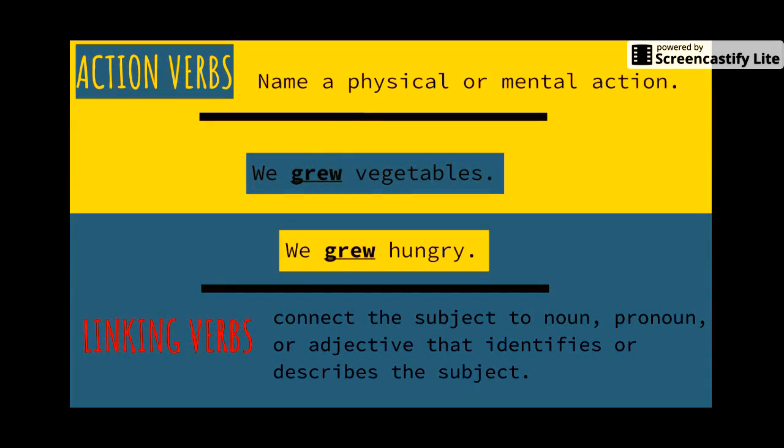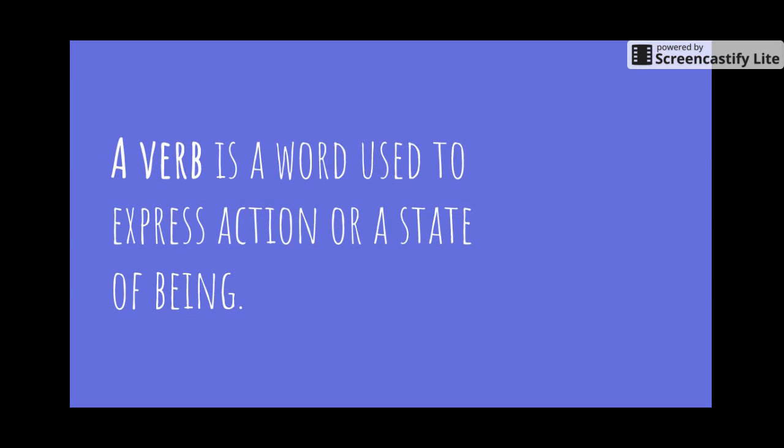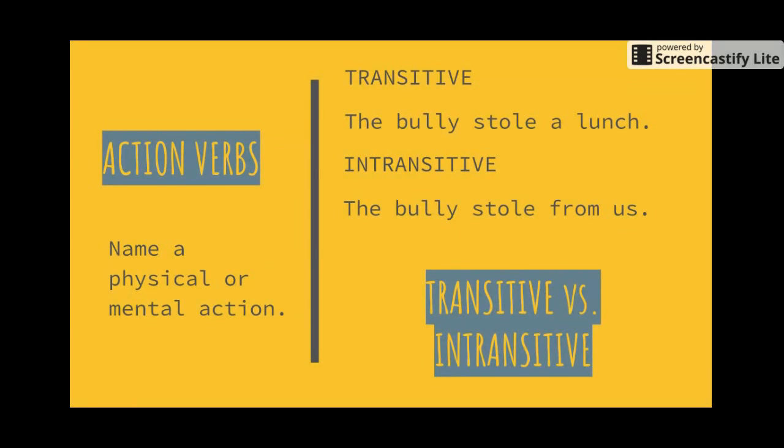That's it for verbs, so let's wrap up what we've done and go over it all. A verb is a word used to express action or a state of being. There are 3 types of verbs: action, linking, and helping.